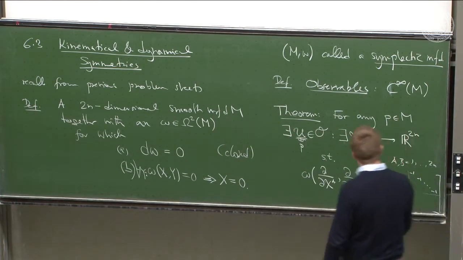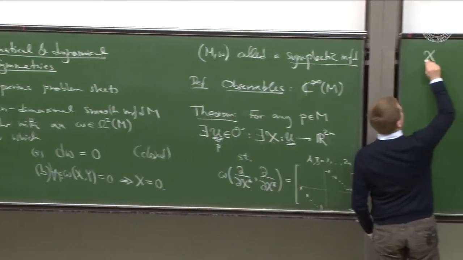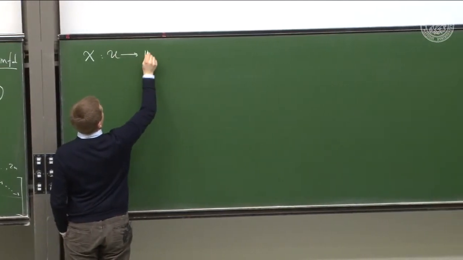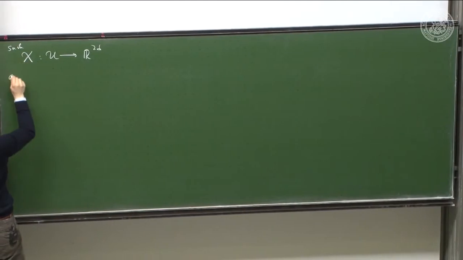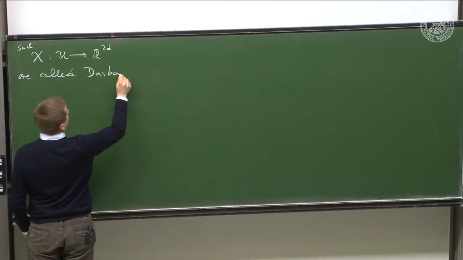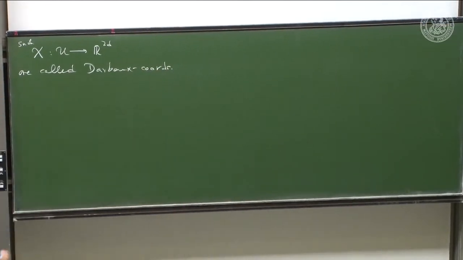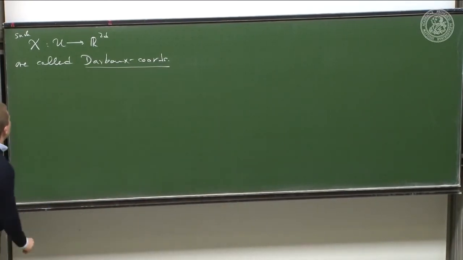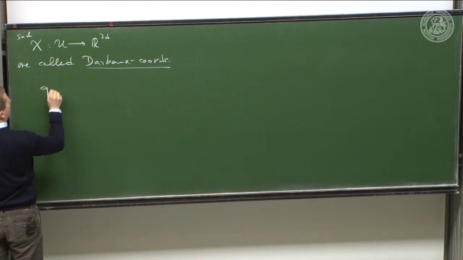And these coordinates here are called Darboux coordinates. So the psi that goes from U to R^2n, such psi are called Darboux coordinates. Fine. And it's convenient to split them into 2 parts.